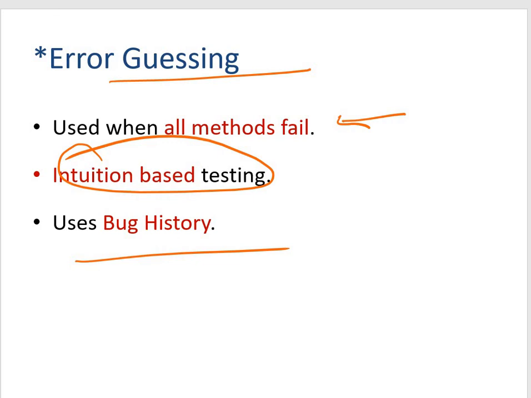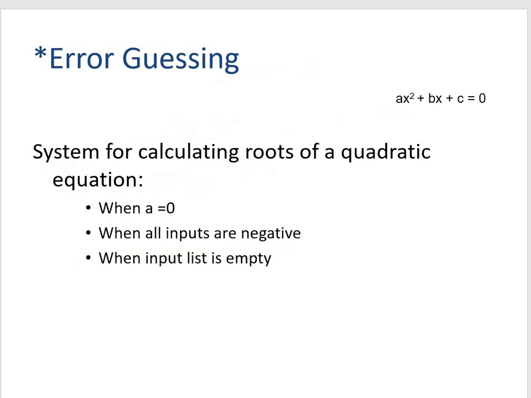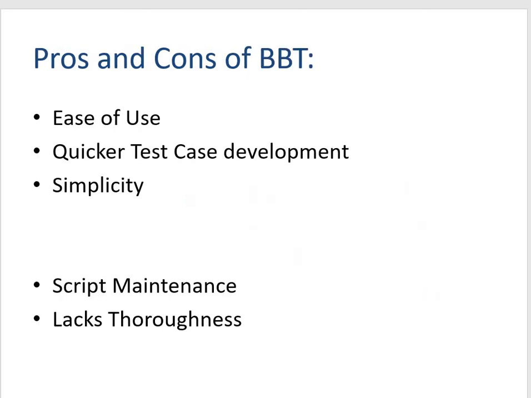Expert testers can easily smell out errors as compared to a novice tester, and that's why we need an experienced person for this. Take a system for calculating the roots of a quadratic equation: we can have a equals 0, all inputs negative, or an empty input list. This gives us a basic idea of how we can guess an error for a particular product.